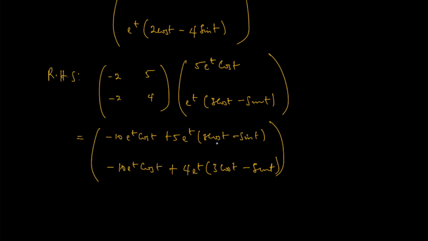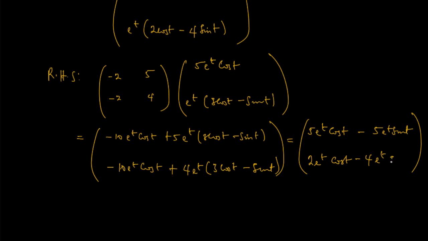Now this is what we have, and then when we simplify all that by doing the normal algebraic simplification, we would have 5e^t cos t minus 5e^t sin t. And then when we simplify all that we have here too by collecting like terms, we would have 2e^t cos t minus 4e^t sin t.